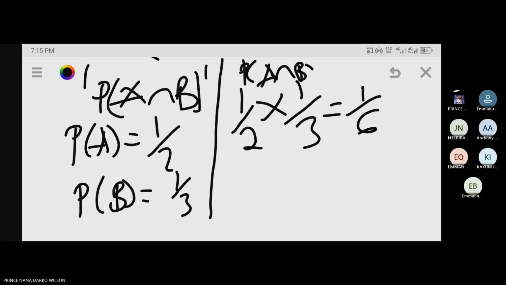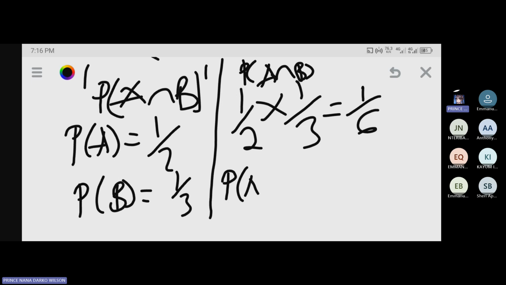So this is the probability of A intersection B. But remember, the question wants us to find the A intersection B complement. So we have to find the probability of A intersection B not happening. Remember, the total probability is always 1. So if the probability of A intersection B happening is 1/6, the probability of it not happening is going to be the total probability minus 1/6, which is just 1 minus 1/6.